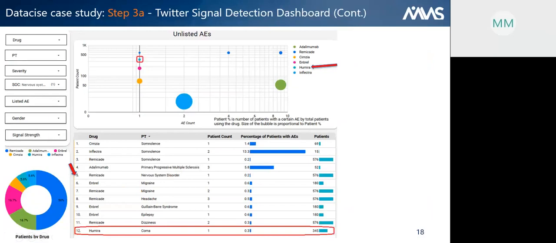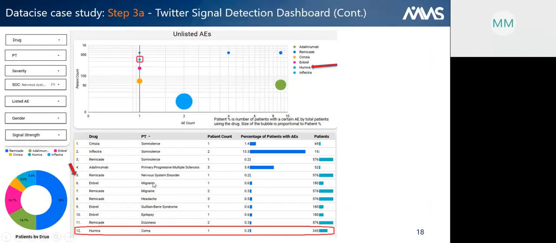Also, we see that only one event, coma, belongs to Humira out of all other TNF inhibitors which have nervous system disorders PTs reported for them.